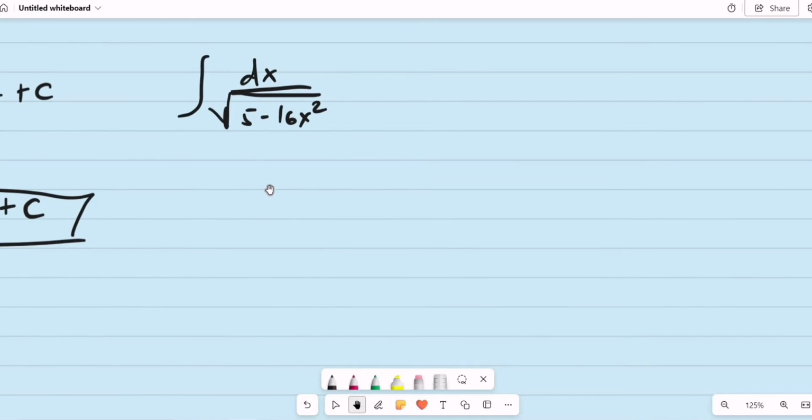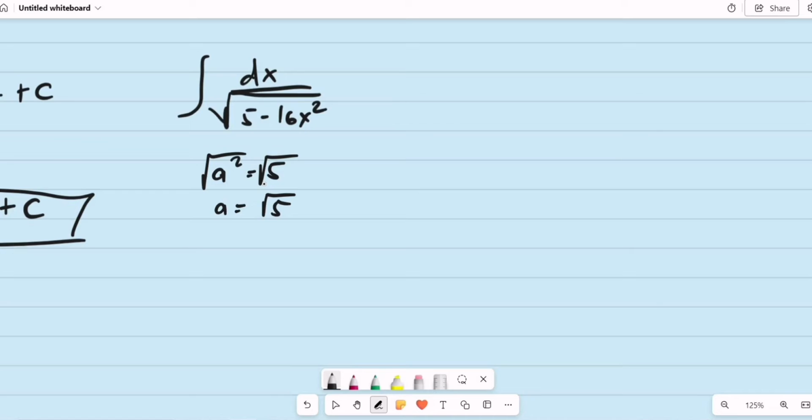The equivalents of a and u. The equivalent of a: a squared is simply equal to 5. So 5 is not a perfect square, but that's not a problem. Let's take the square root, so the value of a is simply the square root of 5.